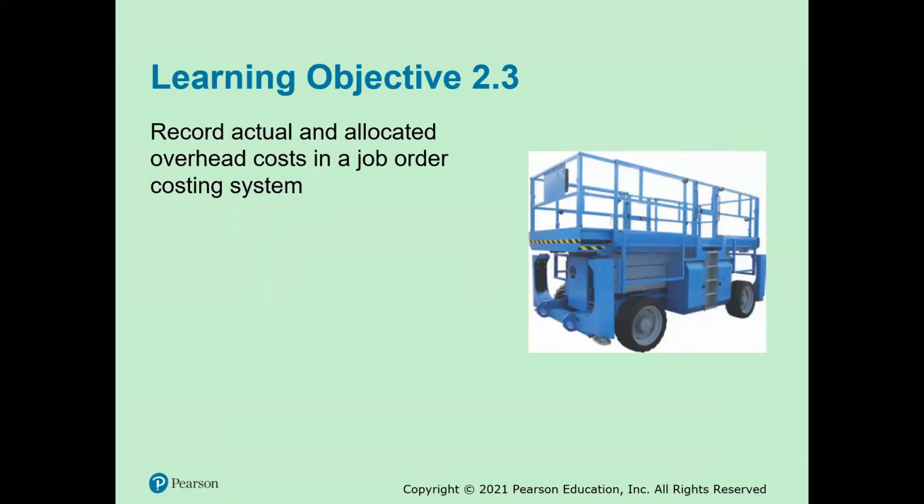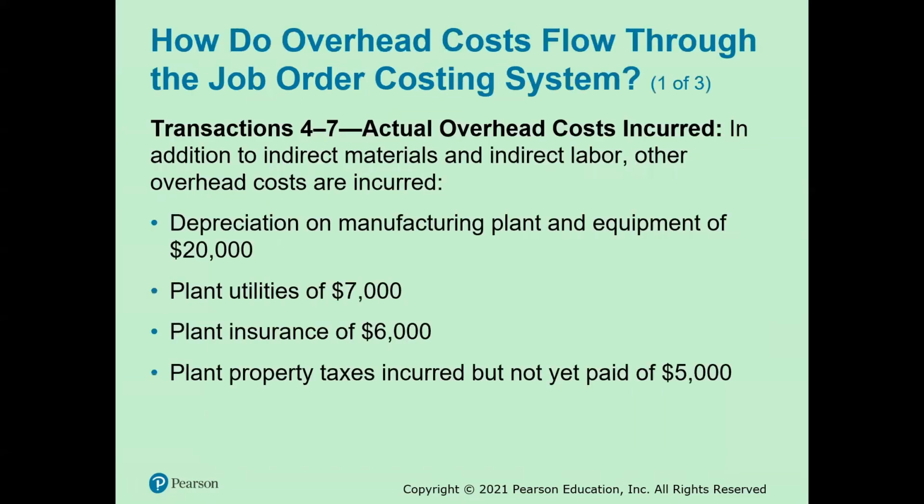Learning objective 2.3, record actual and allocated overhead costs in a job order costing system. How do overhead costs flow through the job order costing system? Smart Touch Learning has already accumulated the cost of indirect materials that was in transaction 2, and they've accumulated the cost of indirect labor that you saw in transaction 3 to manufacturing overhead.